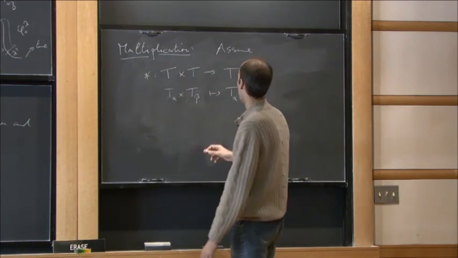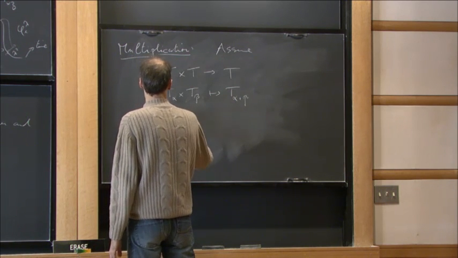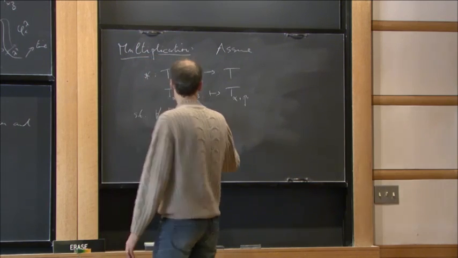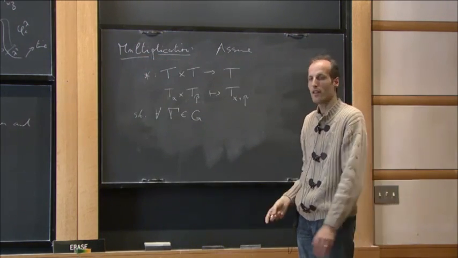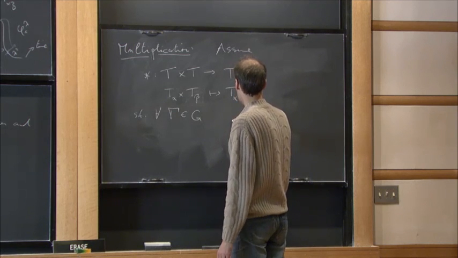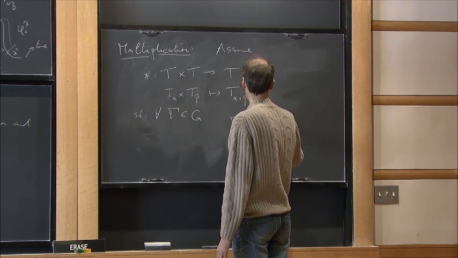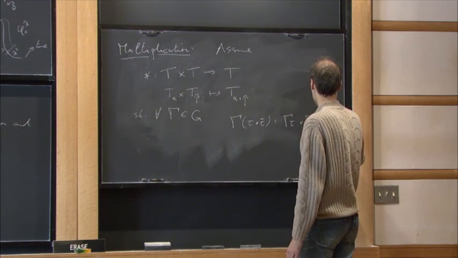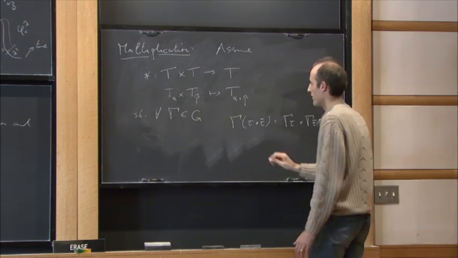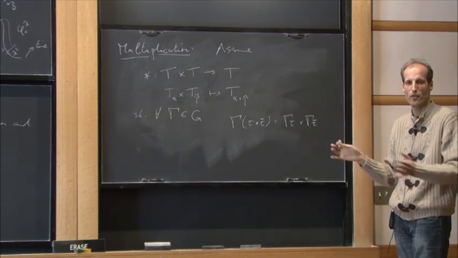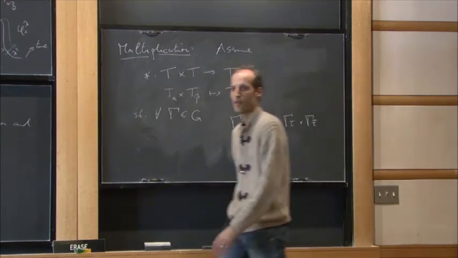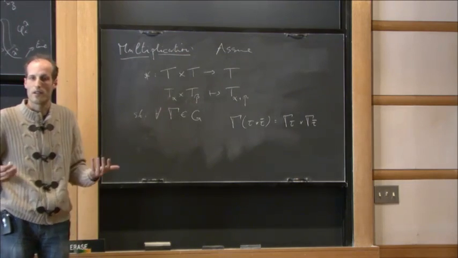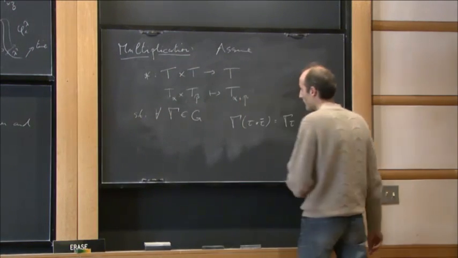And so what this means is that if you take any element of this group G, this applied to a product is just the product of the elements applied to the individual factors. So it should have this property, some sort of multiplicative distributional property. And this is just the abstract way of saying what I just said. It's nothing else.